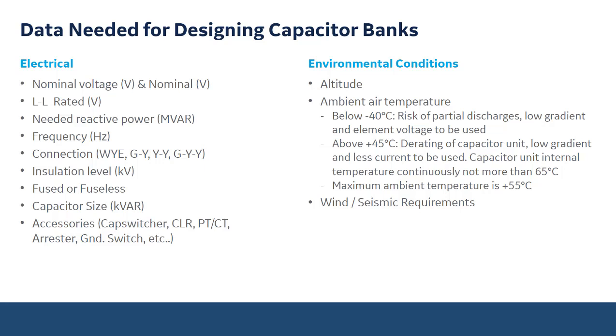So I'll need to know the altitude, and the requirement here is because at higher altitudes, my BIL will decrease due to the thinner air. Ambient air temperatures, so below 40 C, you have that risk of partial discharges, low gradient and element voltage to be used, and above 45 C, you have a derating of capacitor unit, low gradient, and less current to be used.